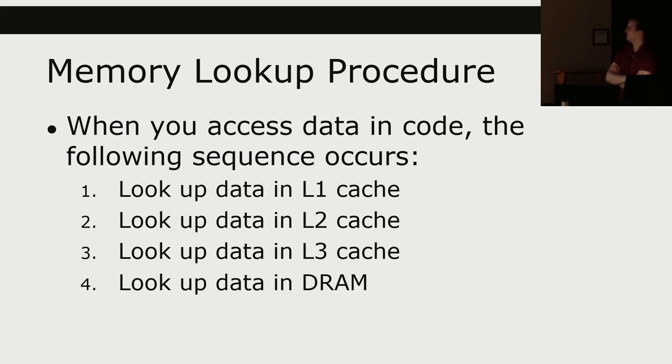So first, the data is looked up in the L1 cache, then the L2 cache, then the L3 cache. If it's in L1, it stops. It found it. Then it looks in L2. If it finds it there, then it stops. Then it looks in L3. If it finds it there, it stops. Otherwise, it looks it up in DRAM.